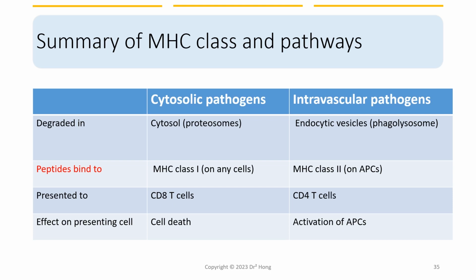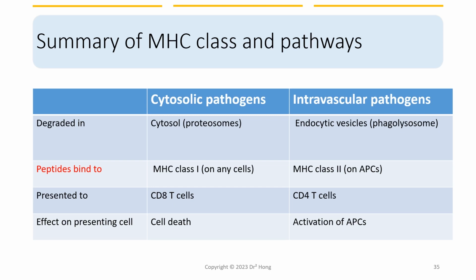After its activation, the effector CD8 cytotoxic T cell is going to synapse on target cells and induce cell death. Now, on the other side here, we also look at intravascular antigens or pathogens that are being engulfed by professional antigen presenting cells and are going to be inside a vesicle. Now these vesicles eventually are going to fuse with lysosomes, forming phagolysosomes, and being degraded. The degraded peptide pieces are going to be presented on MHC class 2 molecules.